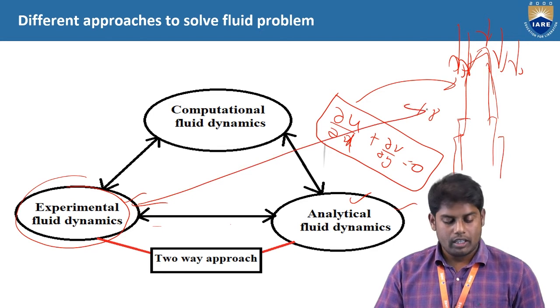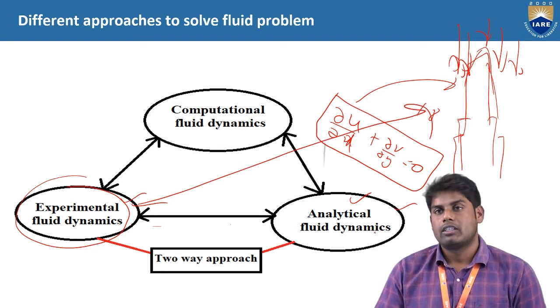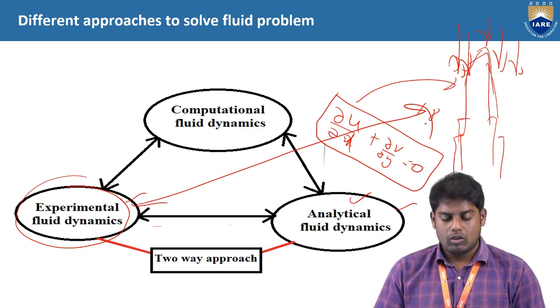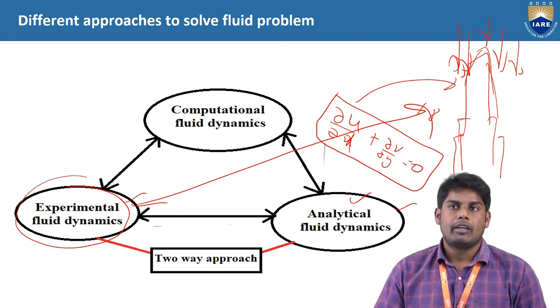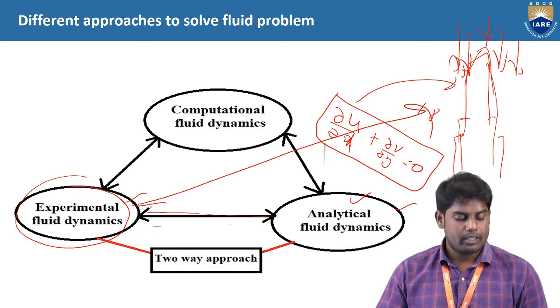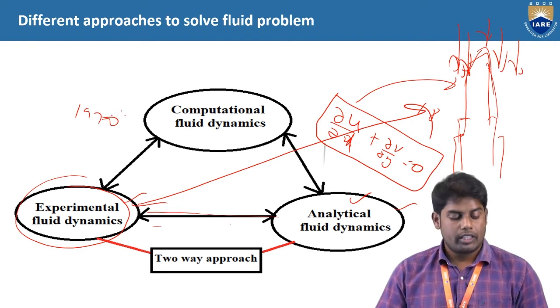So people sought out experimental techniques. But even the experimental techniques have become costly, expensive, and it is also a time taking process. So these two have their own drawbacks: analytical fluid dynamics and experimental fluid dynamics. In the 1970s, computational fluid dynamics came into existence.